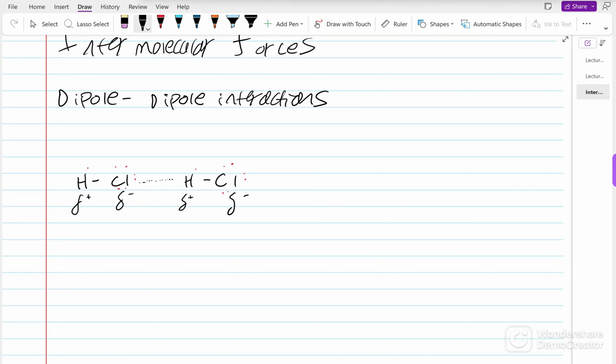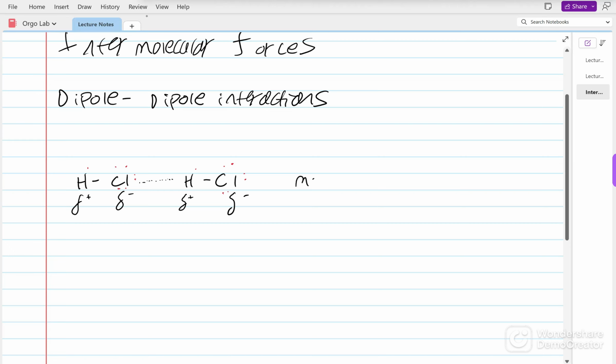In addition to this, as the net dipole moment increases, my intermolecular forces are going to increase. So the more polar, the stronger the interactions. And it's not a bond.